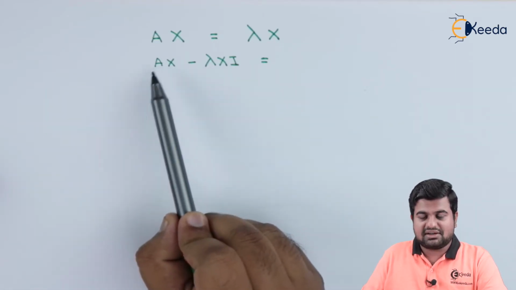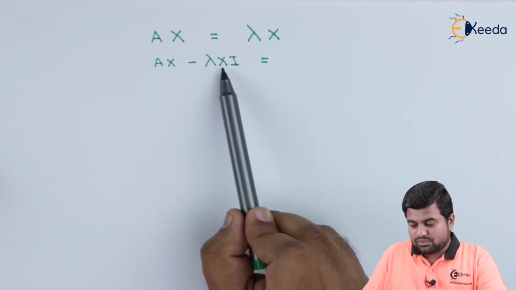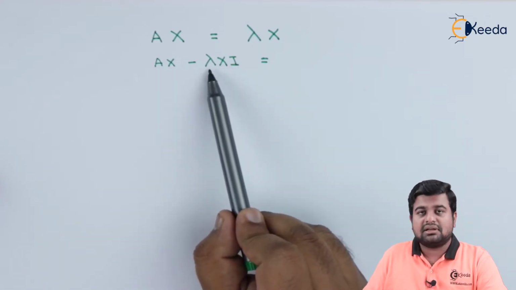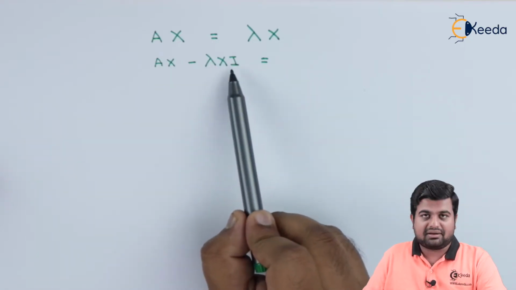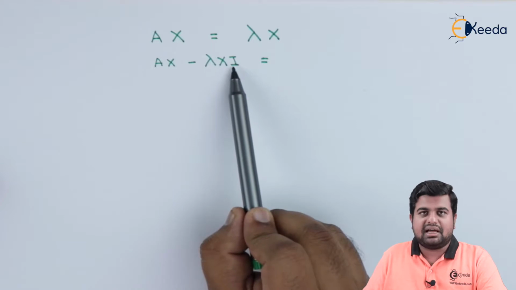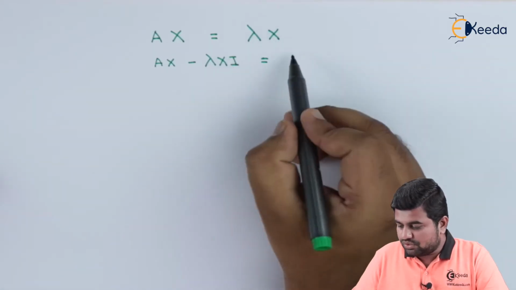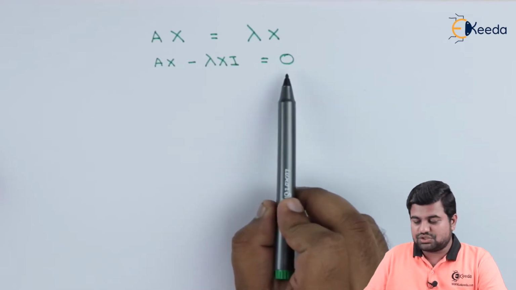So on the left hand side we can see one matrix gets multiplied with another, and one matrix we have and another algebraic value it gets multiplied with. But in order to have the same result, we can have one matrix which is I, which is same as multiplying with 1. So we can have lambda X into I is equal to O. Now this is not 0, this is the null matrix which is O.